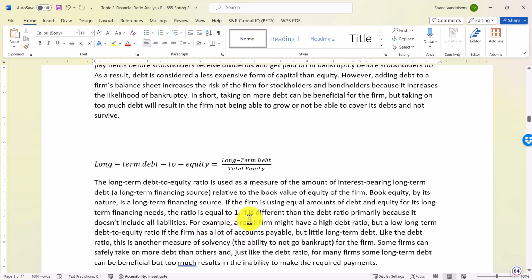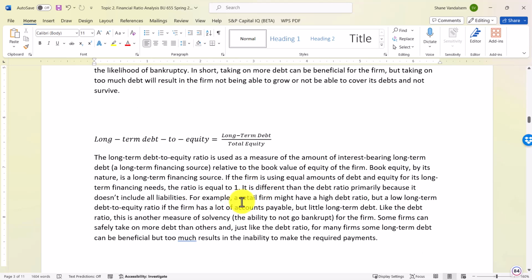For example, a retail firm may have a high debt ratio but a low long-term debt to equity ratio if the firm has a lot of accounts payable but little long-term debt. Like the debt ratio, this is another measure of solvency, the ability to not go bankrupt for the firm. Some firms can safely take on more debt than others, and just like the debt ratio, for many firms some long-term debt can be beneficial, but too much results in the inability to make required payments.